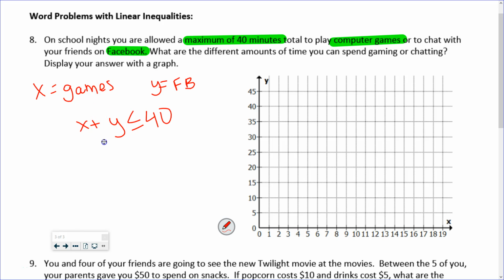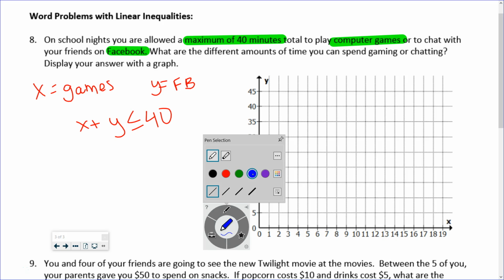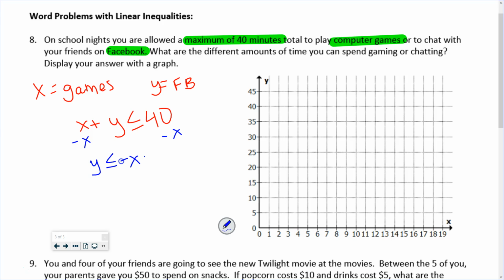Yeah, let's subtract the x. This is what I need to do. So we have y is less than or equal to negative x plus 40. So how am I going to graph this? 40 is my y. Yep.